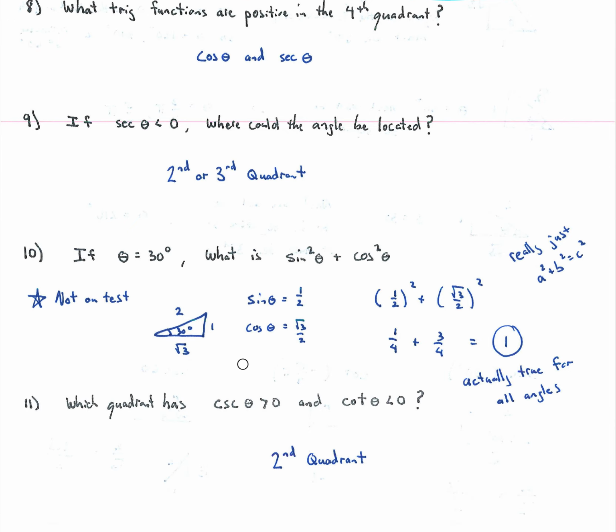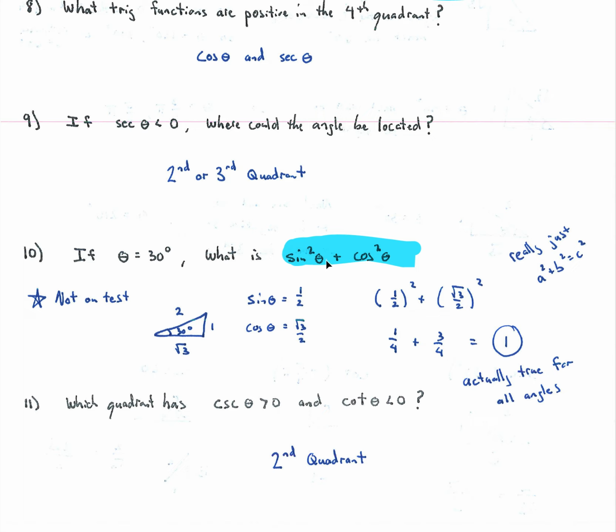All right, this one's not on the test for sure, but this is just kind of a preview of what will end up being the Pythagorean theorem identity. Probably the most useful trig identity you know is that it'll end up saying that sine squared plus cosine squared is equal to 1. And I just had you do it for a specific angle. So look at 30 degrees. Sine of 30 degrees is 1/2. Cosine of 30 degrees is radical 3 over 2.